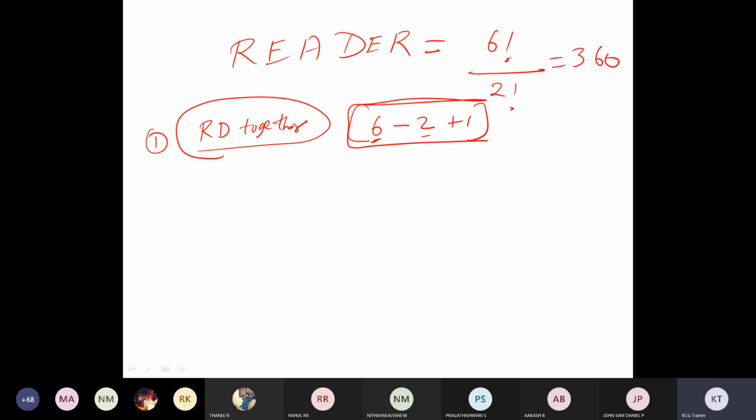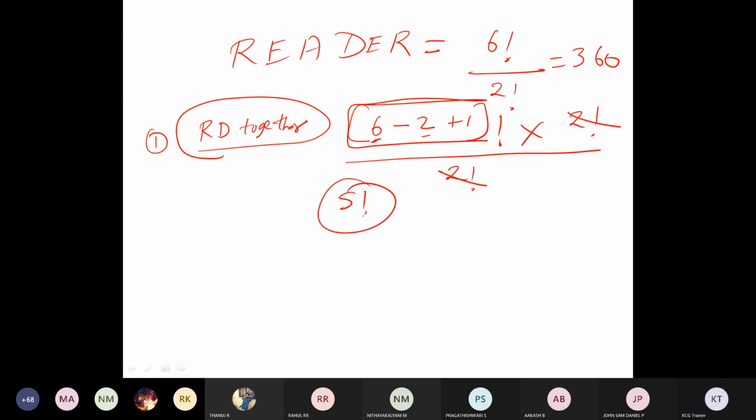And always add plus 1. The plus 1 will not change. Subtracting depends on the number of letters they're asking to be together, and 6 depends on the total count of letters. Put factorial, and multiply this answer with 2 factorial. This 2 is again the number of letters they're asking to be together. And divide by the repetition, that is 2 factorial. Your final answer: 2 factorial cancels. 6 minus 2 is 4, plus 1, 5 factorial.